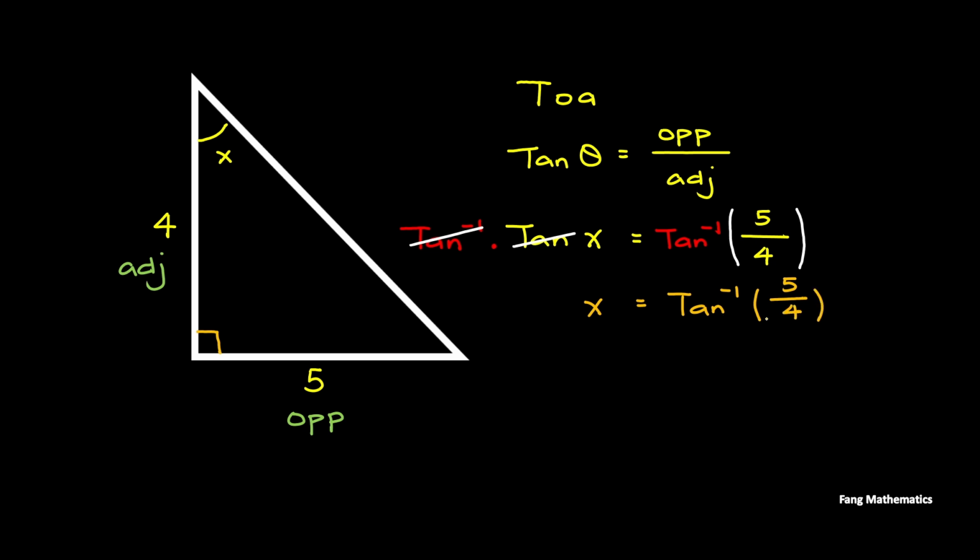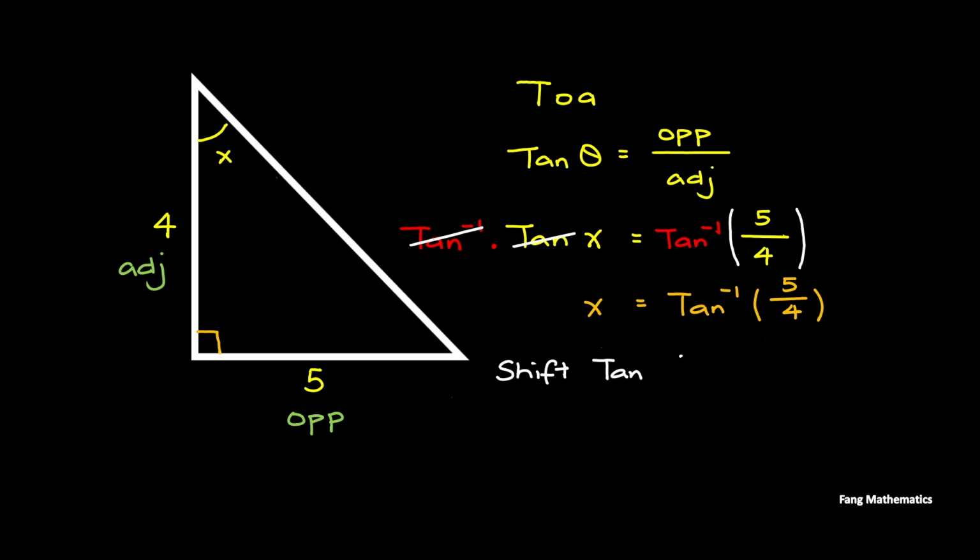And now I am to teach you how you would press tan inverse and inside the parentheses 5/4 on the scientific calculator. We are now to use the calculator and find the answer for the tan inverse. You are to press Shift, tan, and this combination will get you tan inverse.